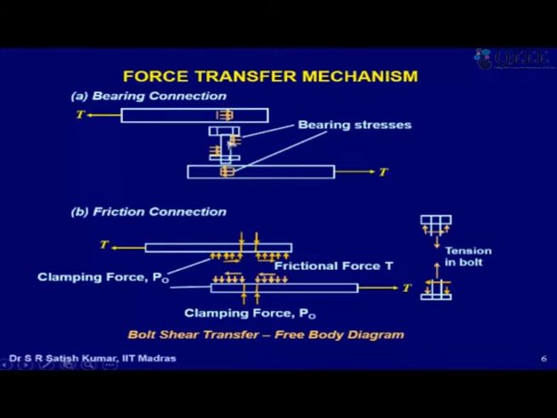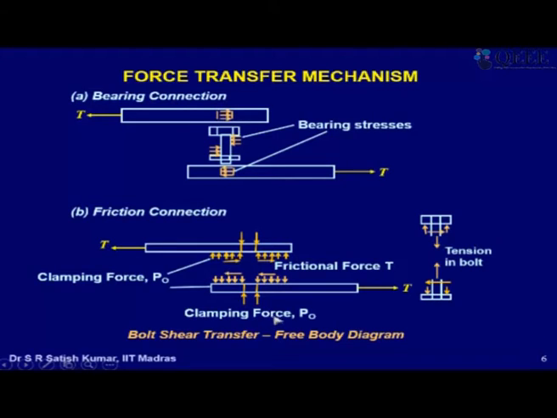So the bolt is bearing on the edge of the hole also. Then through the shank of the bolt, this force gets transmitted as shear force in every plane, and at the other end again a similar bearing action takes place, and the force comes out here, flows around the hole and then goes to the other end of the plate. That is how the force transfer occurs in a bearing bolt, and the stresses are called bearing stresses.